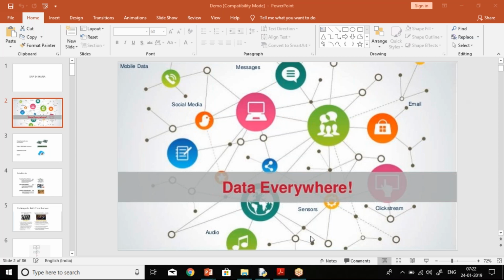Because SAP or any ERP is on an RDBMS, which has the capability of storing data in the form of rows and columns, in tables.